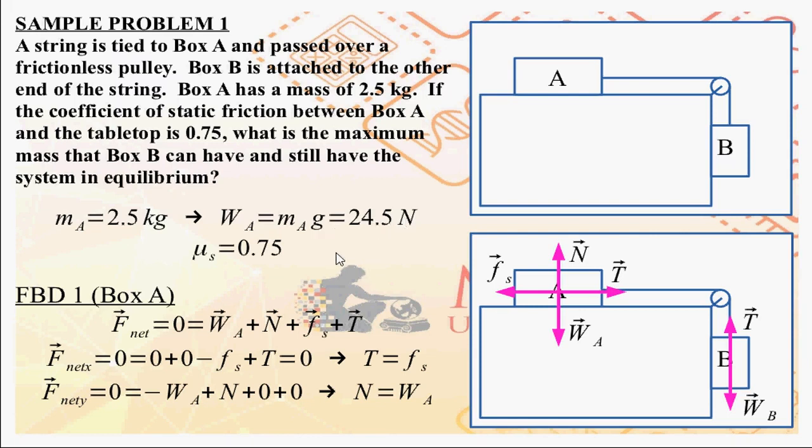You'll recall from our discussion of weight in a previous video, if you know the mass of the object, you know the weight of the object, and if you know the weight of the object, you know the mass of the object. The coefficient of static friction between box A and the tabletop is mu s is equal to 0.75. No unit because this is the coefficient of friction, a unitless quantity.